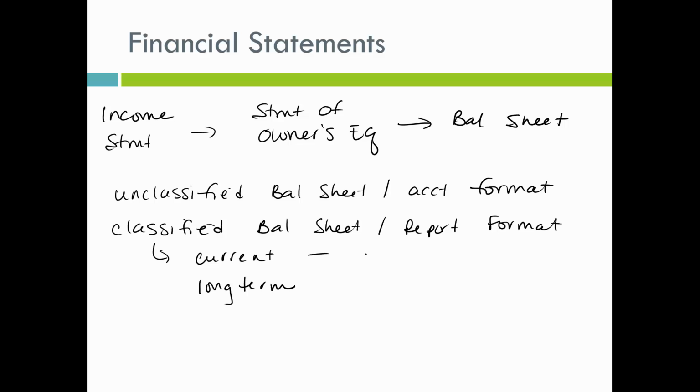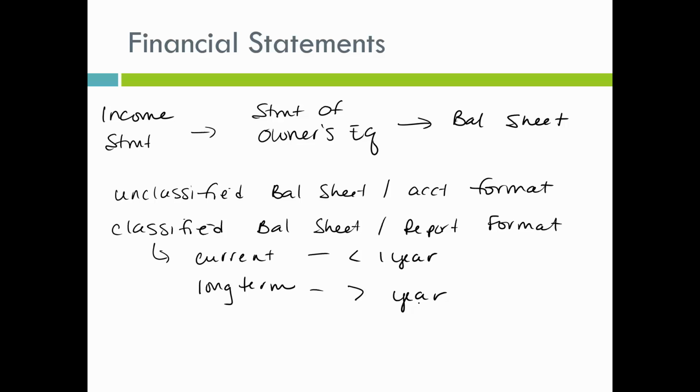So current generally means I'm going to use it up in less than a year if it's an asset. So those would be things like cash, accounts receivable is going to get paid soon, office supplies, things like that are going to be used up fairly quickly. Any of those prepaid assets are probably current. Long-term is greater than a year.